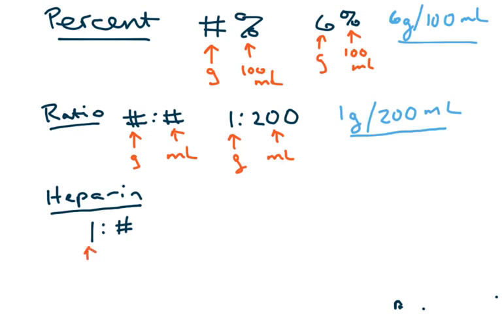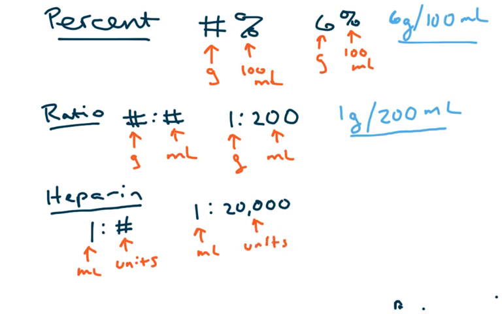The 1 is the number of milliliters, and for heparin it'll always be per 1 milliliter. The number they give you is usually very large, and it's in units because heparin is measured in units. So if they give you 1 dot dot 20,000, that means there's 1 milliliter, because it's always a milliliter first, and 20,000 are your units.